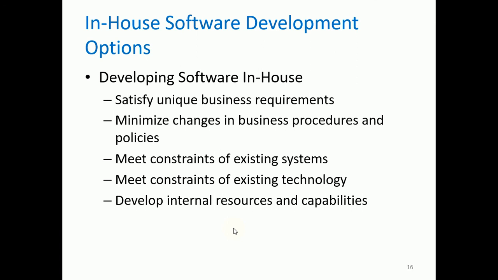That's why it has a unique business requirement. Next is minimizing changes in business procedures and policies because, of course, your information system will always be aligned with your business procedures and policies. And then it also meets constraints of existing systems, because the IT department is in-house and, of course, knows the problems of the existing system.